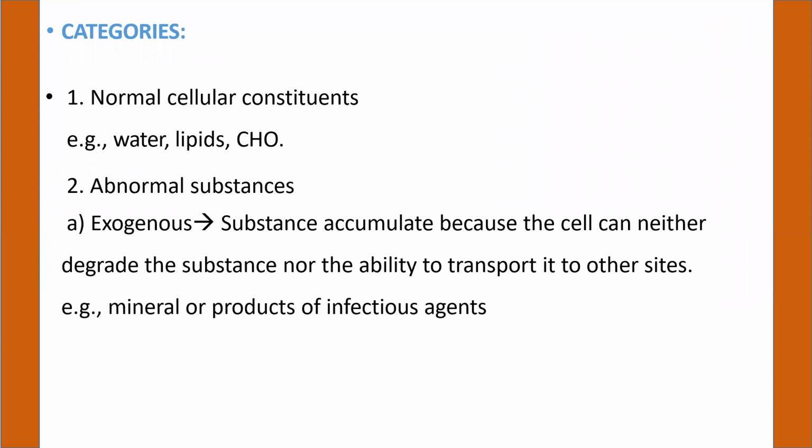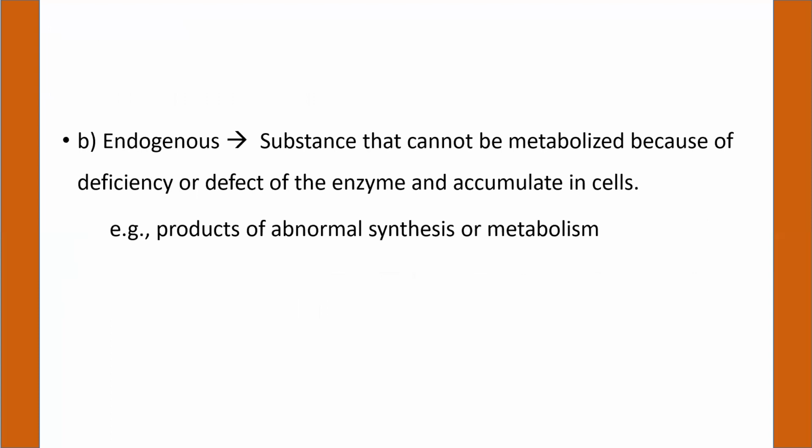So, it may be normal cellular constituents like water, lipids, CHO, and abnormal substances, exogenous substances. The substance accumulates because the cell can neither degrade the substance nor transport it to other sites: minerals or products of the infectious agent.